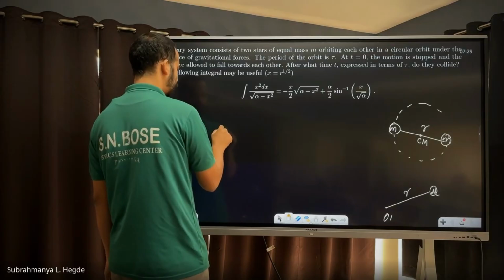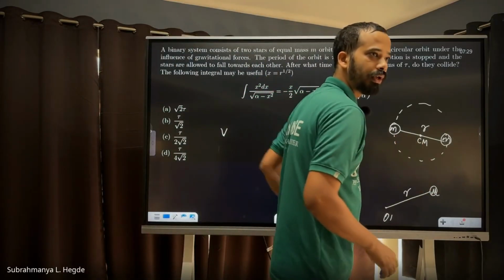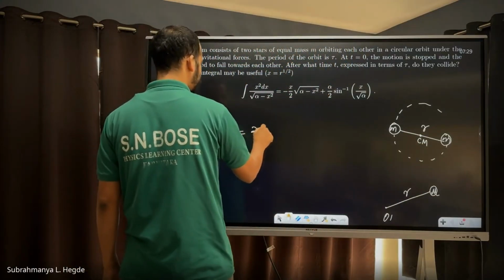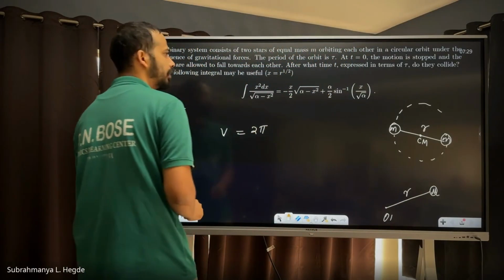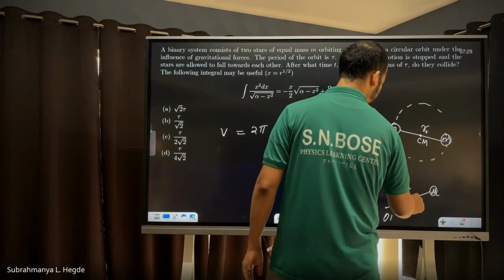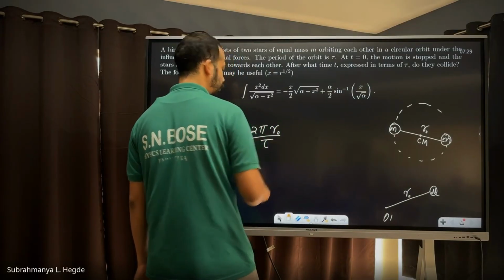So then can I write that speed? If this mu is going around the circle, what is the speed? Speed can I write as 2 pi r, where r is the radius of the circle. So R naught here, 2 pi r naught divided by tau, the time period.